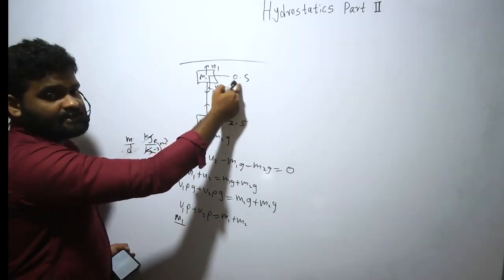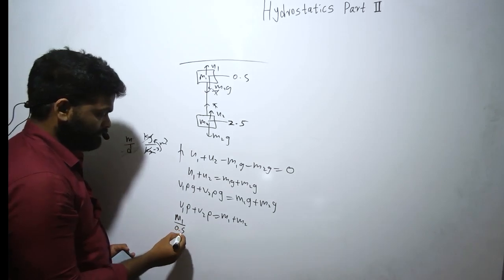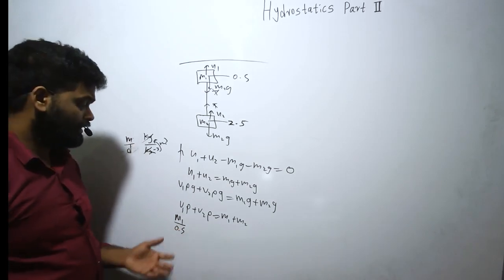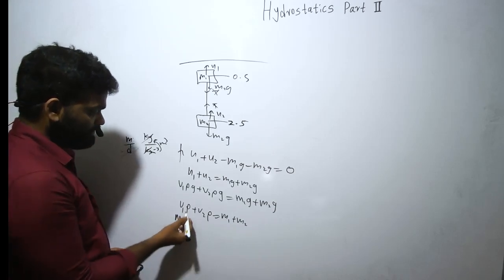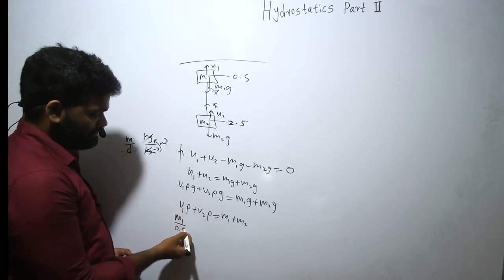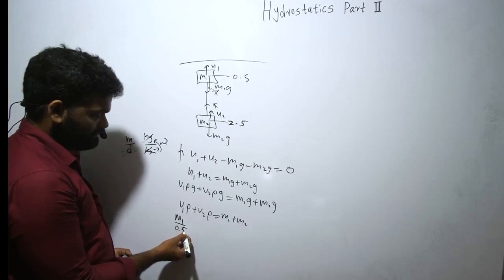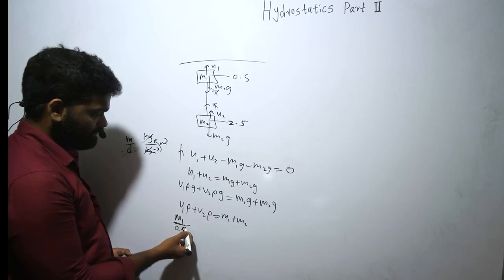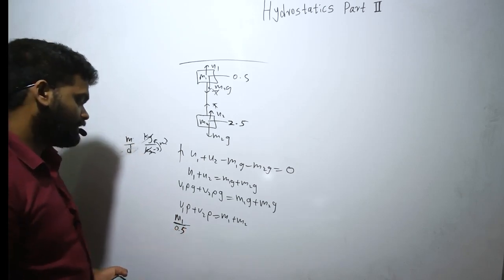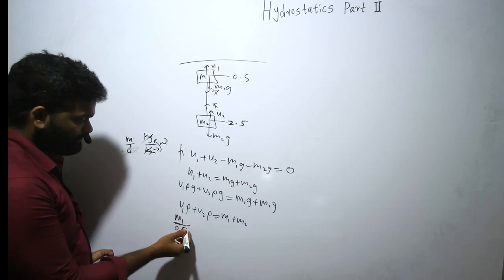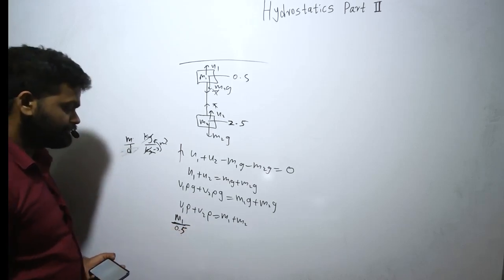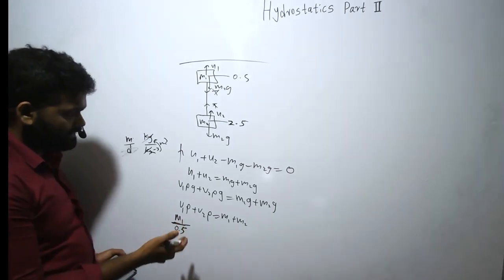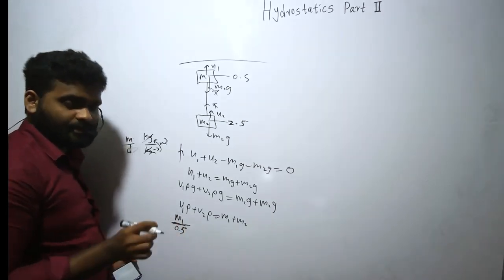Then density is given as 0.5. You can substitute in terms of relative density, because here you have a fraction. But you need to be careful there. The thing is, you can consider this in terms of grams per cubic centimeter.